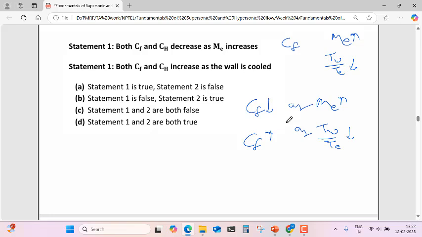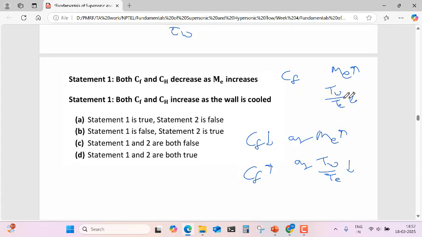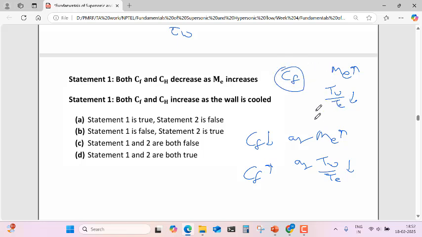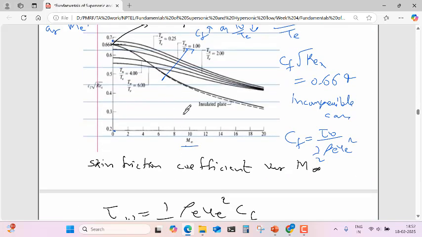So we have to tell what happened to both Cf and Ch when Mach number increases and wall is cooled. It means Tw by Te decreases. For the case of Cf, we already saw that when Mach number increases, Cf decreases. On this plot, Cf is decreasing.